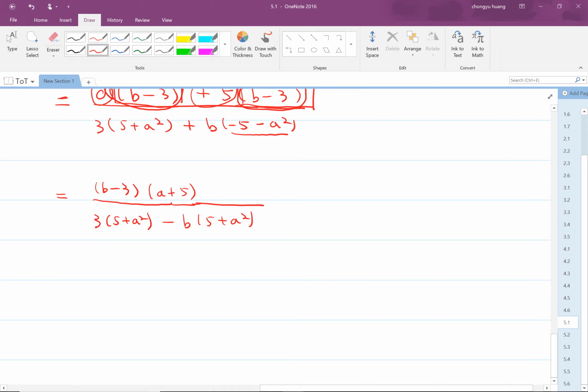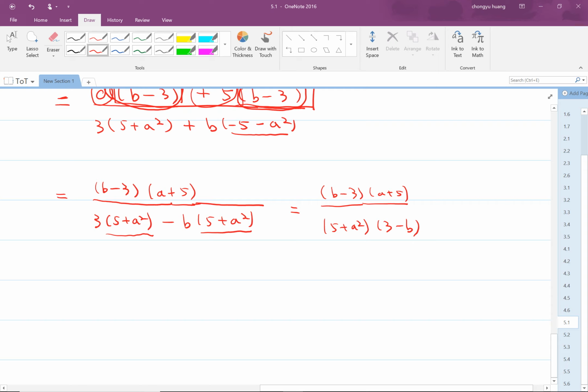Now we write down the numerator: b minus 3 times a plus 5. Then we can factor out the denominator, which is going to be 5 plus a squared times 3 minus b.